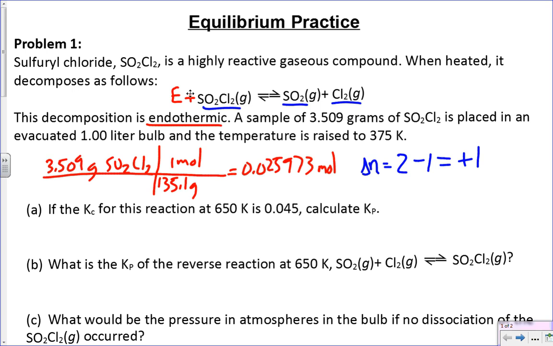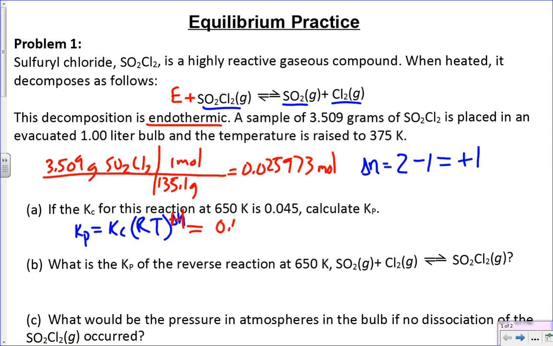Well, if you recall the Kp expression, Kp equals Kc times RT, and we need to use our atmosphere version of R, and we need to use Kelvin temperature, to the delta N. Well, we were given the Kc, and we just calculated this delta N was a +1. So fundamentally, that must mean that Kc times RT will equal our Kp.